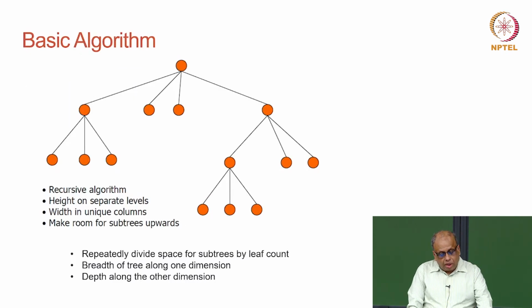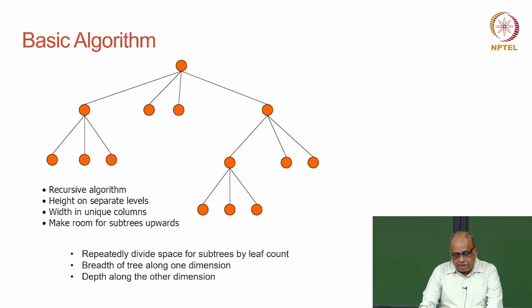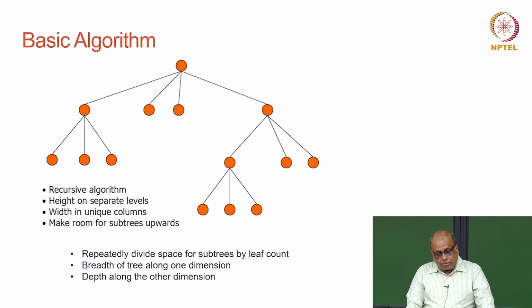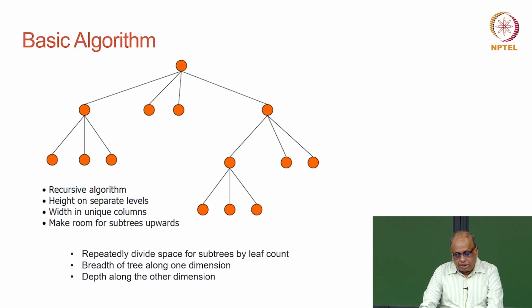Okay. So just like a tree is a recursive structure, you can have a recursive way of laying out a tree. You have a recursive algorithm where, when you are trying to lay out a root, you first lay out the left child, then you lay out all the children and so on. That way the structure would be laid out from the bottom.